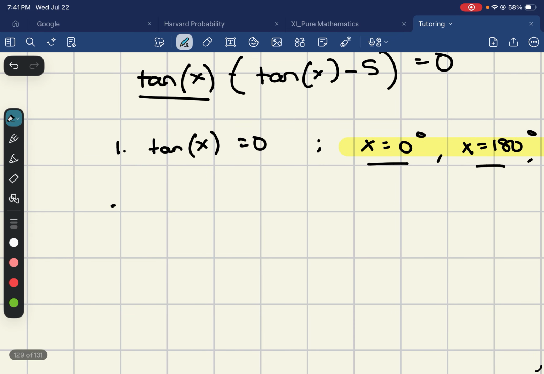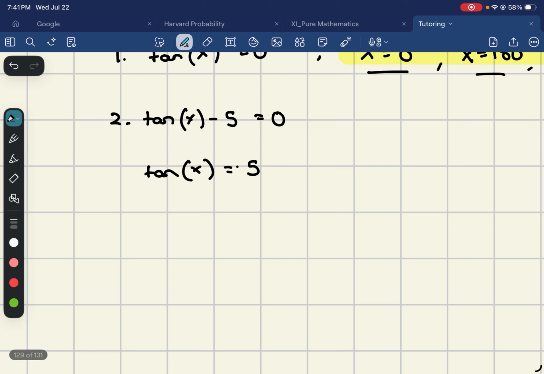Now, the other possibility is that tan x minus 5 is equal to 0. And that just means that tan x is equal to 5. Because this is a positive output, you can solve for the two values. The first value, the acute value, is going to be tan inverse of 5, which is just 78.7 degrees.